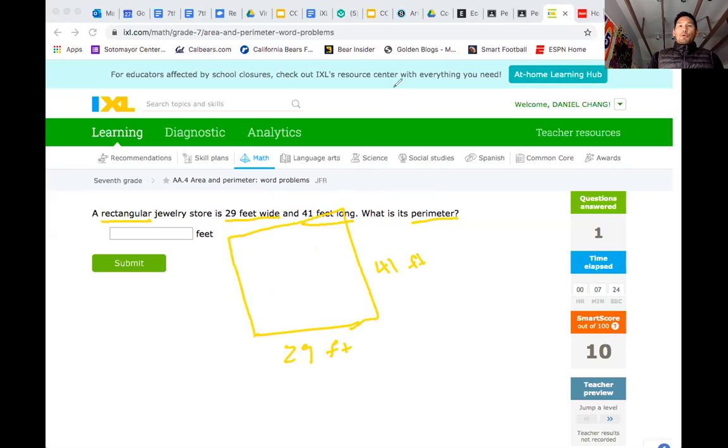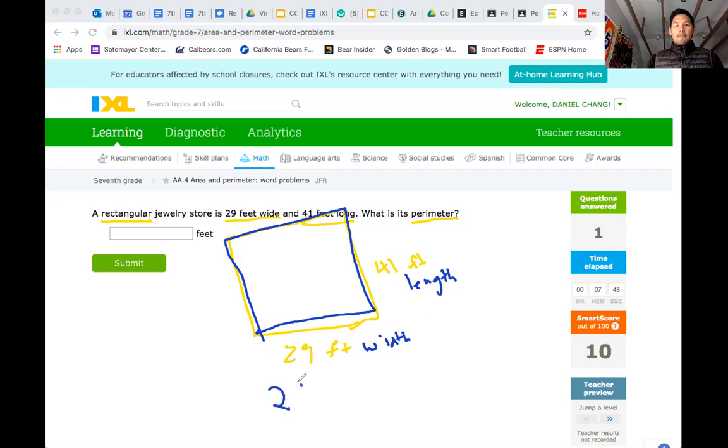Same thing. Perimeter is just the distance around the rectangle. So you add the sides together. That's your width, and that's the length. You just want to add these all up. So 29 plus 41, that's side 1. Now you're going up to side 2.